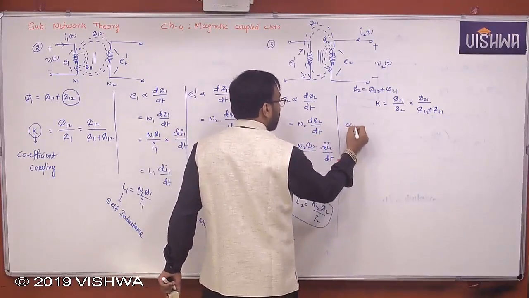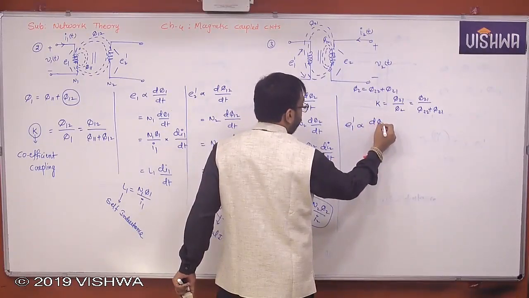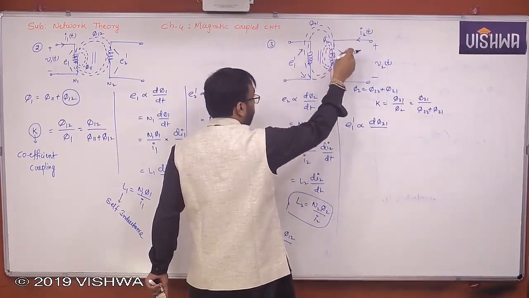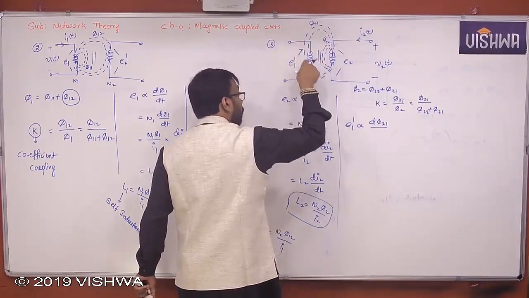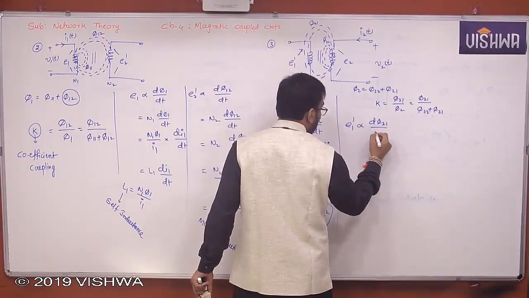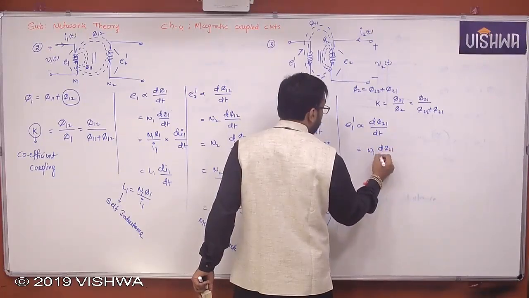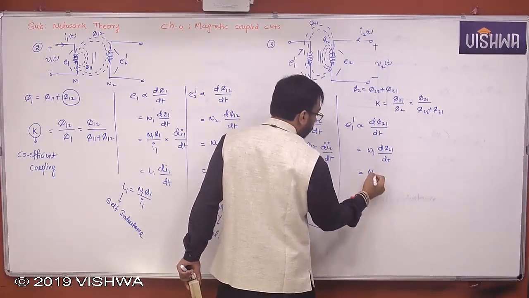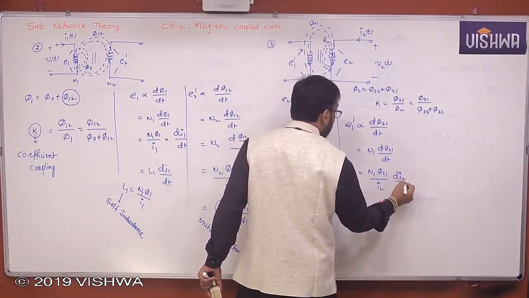Similarly, what is E1 dash? E1 dash is directly proportional to d phi 2 1 by dt, because some amount of the total flux delivered by the secondary is also linking with the primary, that is phi 2 1. So it equals N1 d phi 2 1 by dt, and if you again multiply and divide by I2, N1 phi 2 1 by I2 times di2 by dt.